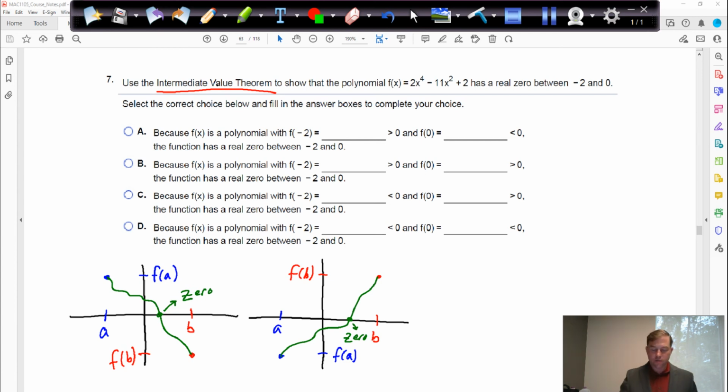So what you're looking for is if f of A and f of B have a difference in sign.